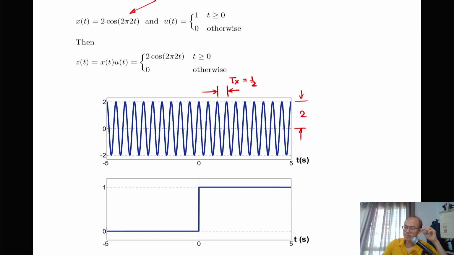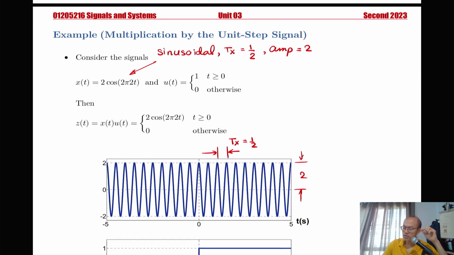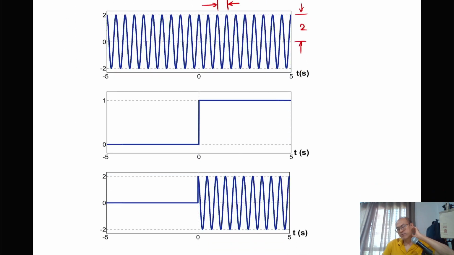Okay, so basically you have x, right? This is x when time is greater than 0, and 0 when time is less than 0. Okay, when time is greater than 0, you multiply 1 with this guy, right? And you get this. But when time is negative, you multiply 0 with this guy, and you're gonna get 0. Okay, so we have this graph.